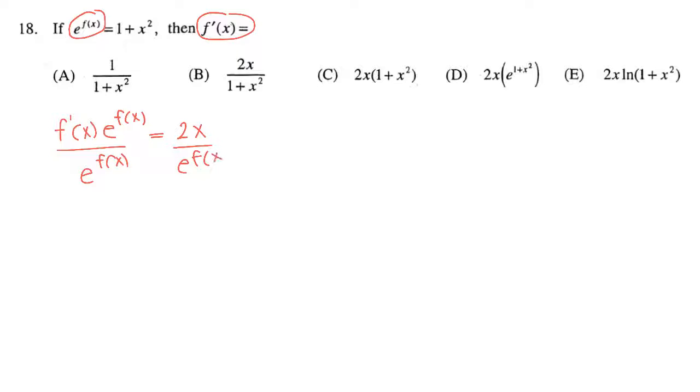Notice we have something strange. It doesn't look like any of our answer choices, so we have to keep trying to simplify what we can here. It looks like we're going to have f prime at x equal to 2x over e raised to the f at x. We were told originally that was 1 plus x squared. So that looks like it's going to be answer choice B.